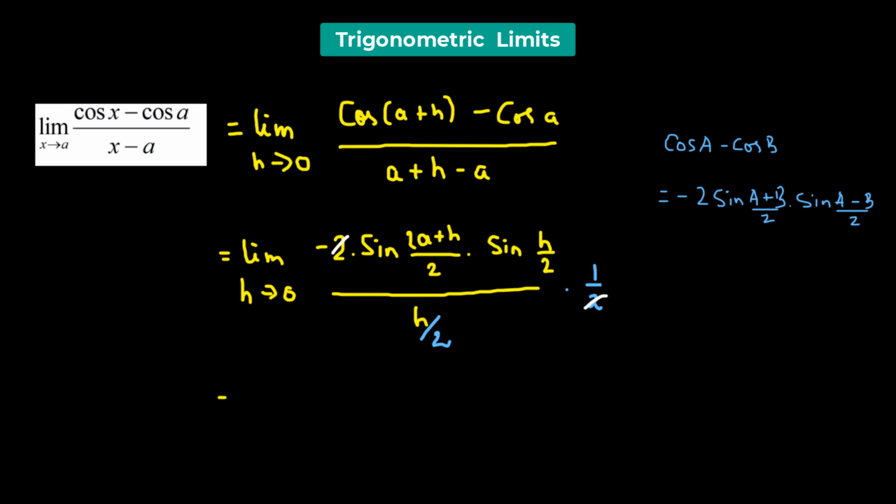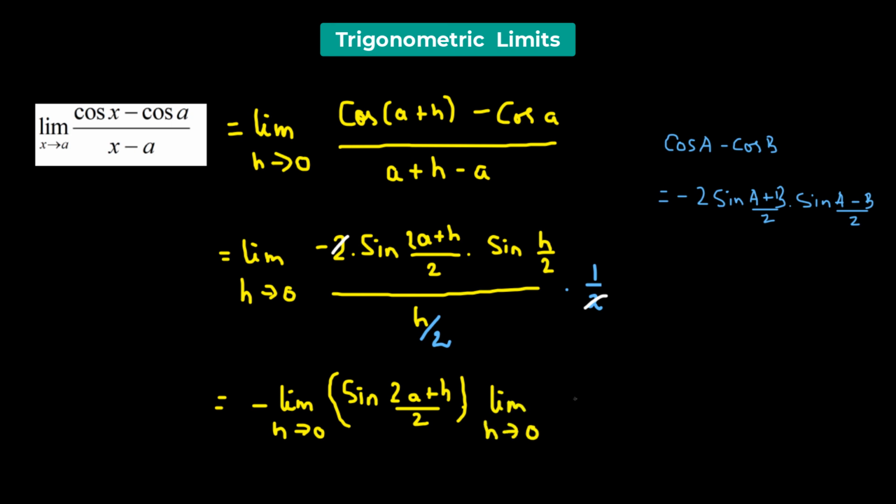And we have negative limit h tending to 0 of sine of 2a plus h, whole divided by 2, times the other function, which is, we'll be using the limiting value. So we have limit h going to 0, sine of h over 2 divided by h over 2.